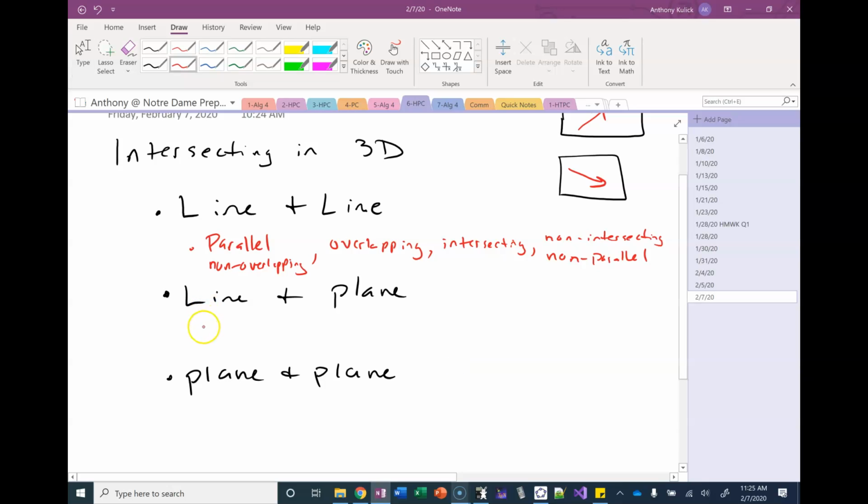With a line and a plane, this can be overlapping. That means that the line lies in the plane. You can be parallel, non-overlapping, meaning the line isn't in the plane, but it's still parallel to it.